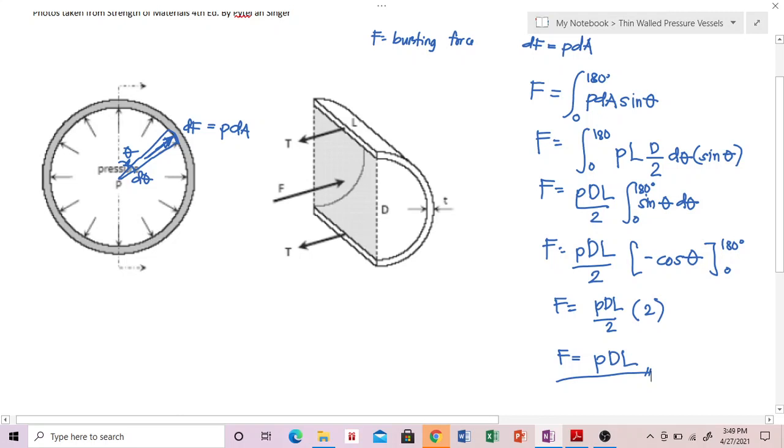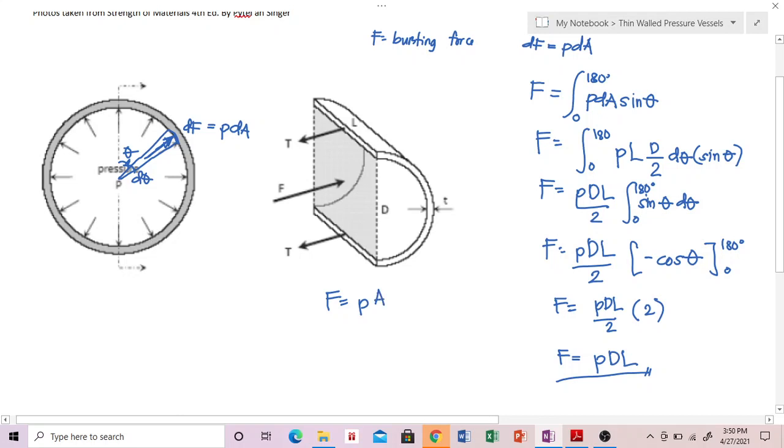Another thing, class, is that in simplest way, the simplest way is considering this area. Yung bursting force, still yung F. Another way or the alternate way to determine the magnitude of F is simply from this figure, F is equal to internal pressure multiplied by the area.